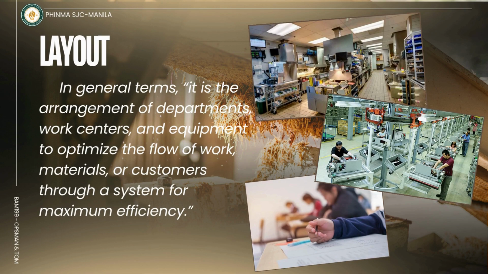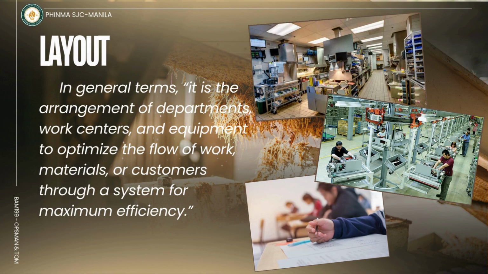To start with, layout in general terms refers to the configuration of departments, work centers, and equipment, with particular emphasis on movement, like of customers or the materials themselves, through the entire system. It answers the question of how the equipment, machinery, and people will be arranged to make the production process as efficient as possible.